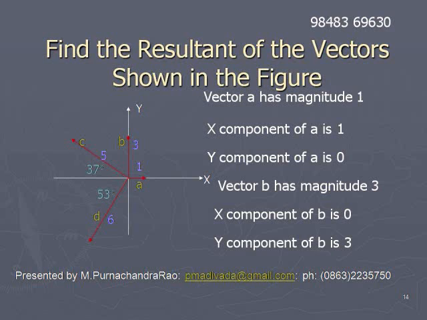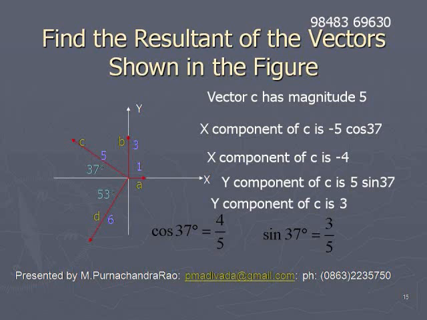The angle made by y-axis with x-axis is 90. Hence, it is 1 cos 90, but cos 90 is 0. Hence, y component of A is 0. The magnitude of B is 3. So, its y component will be 3 and its x component will be 0.